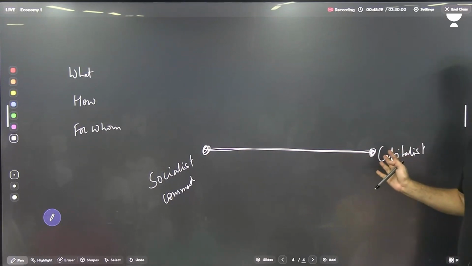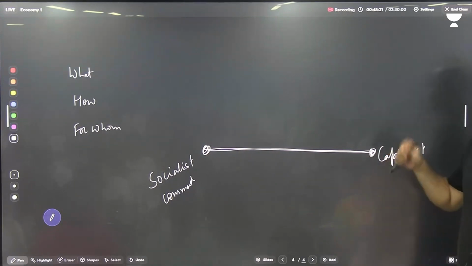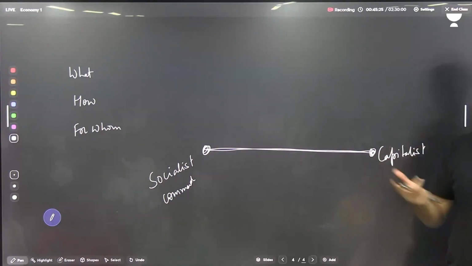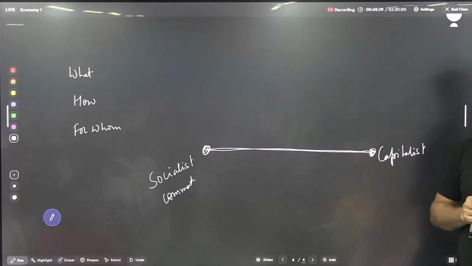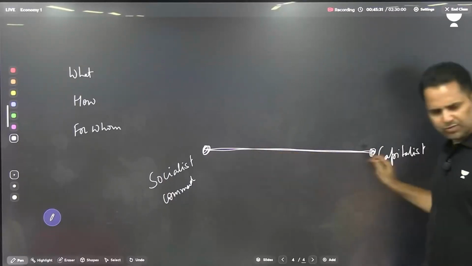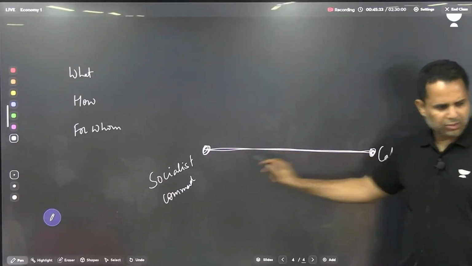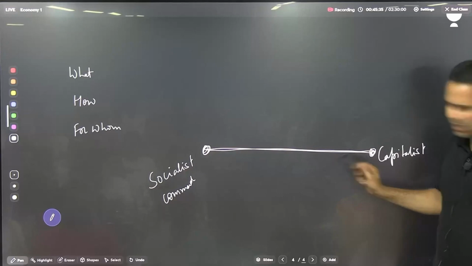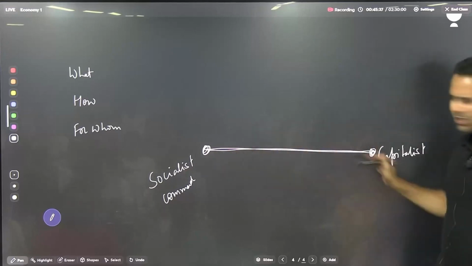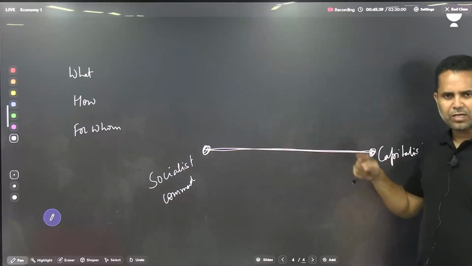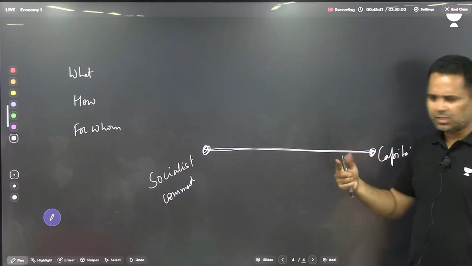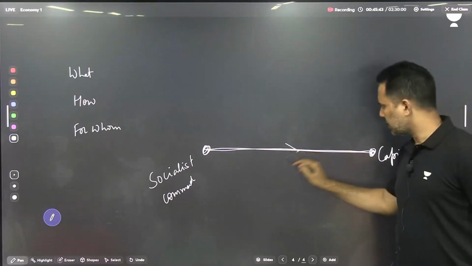But do you think that in the US, all the goods and services being produced are decided only by the private sector or market forces? No. Certain sectors, certain things are decided by the government. So every country is in between, on this line. Neither 100% here nor 100% here. But almost every country is moving in this direction.